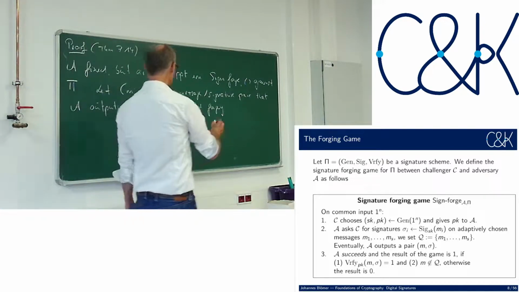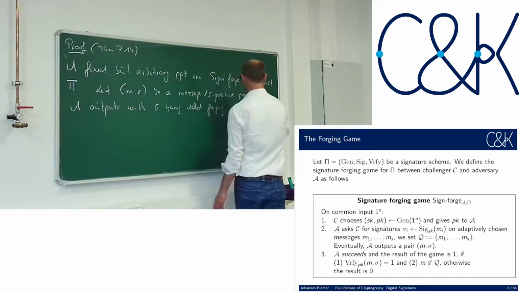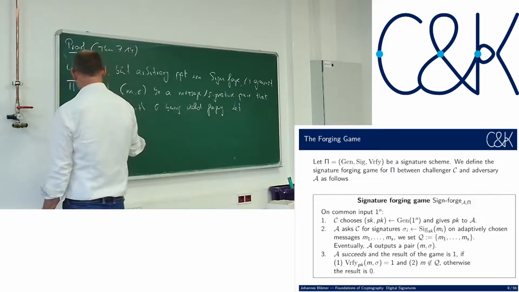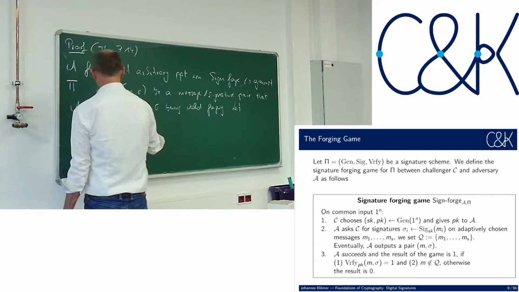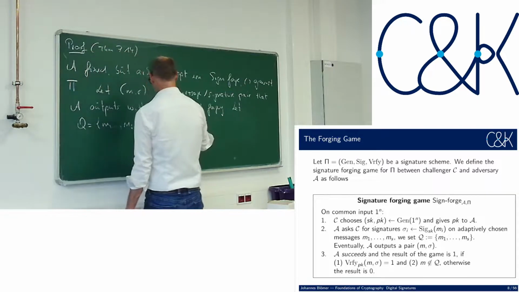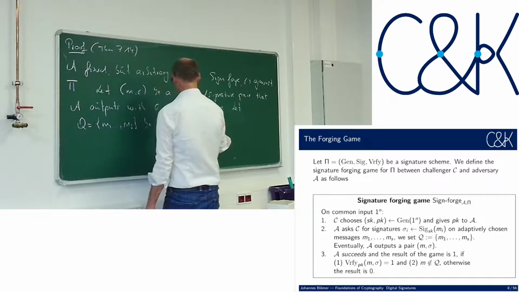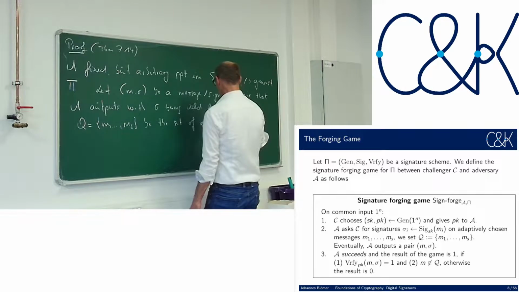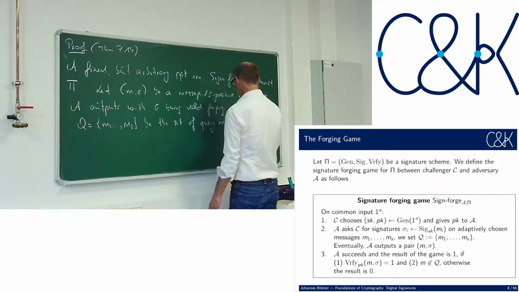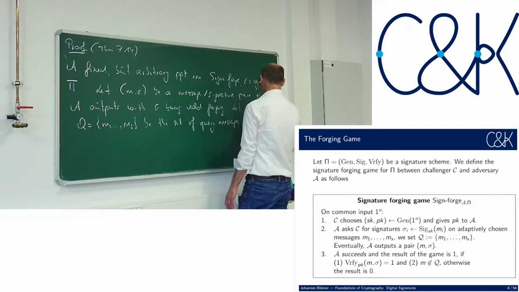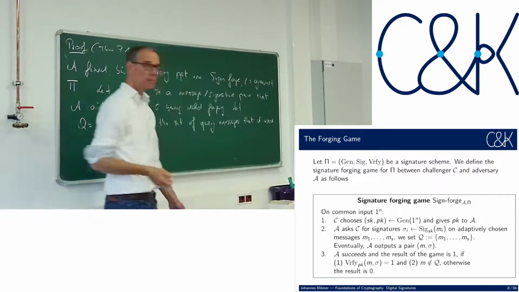So let Q, M1 up to MS, be the set of query messages that A used in this run. Okay?